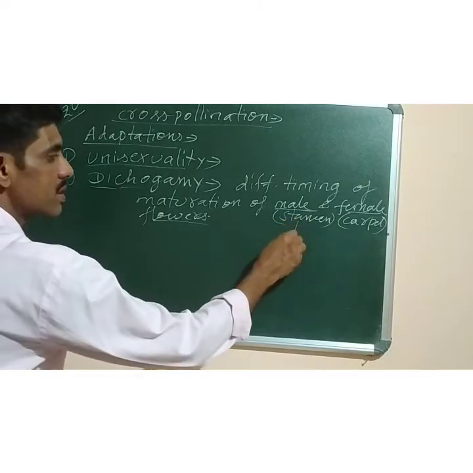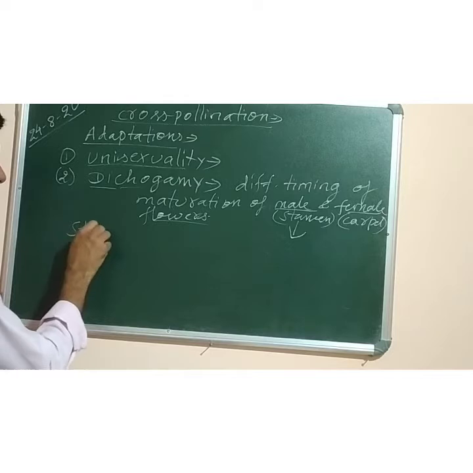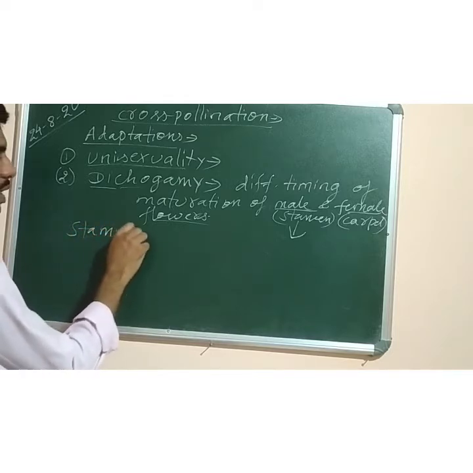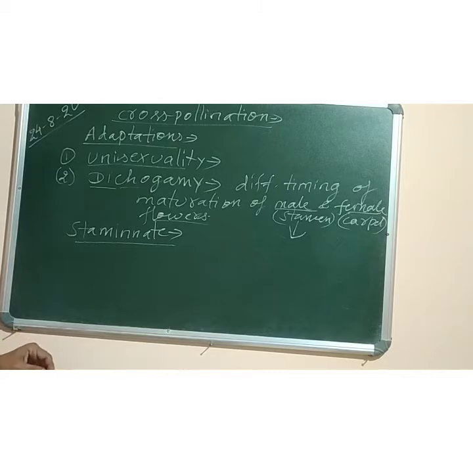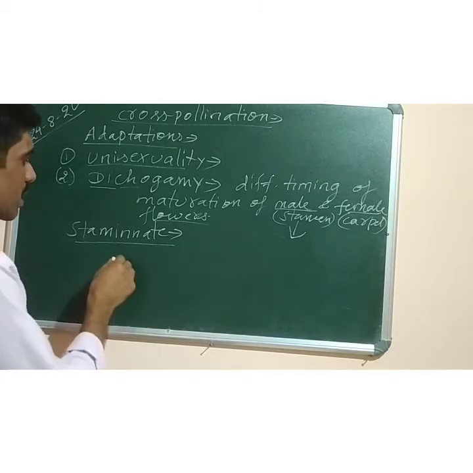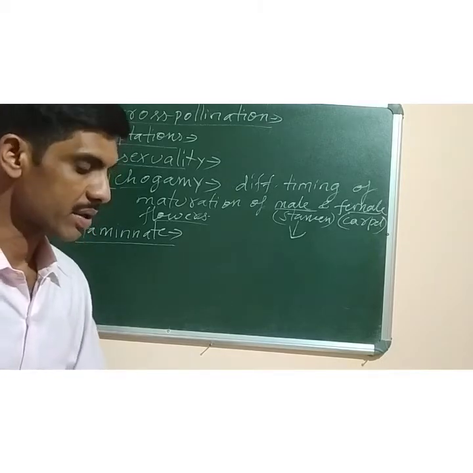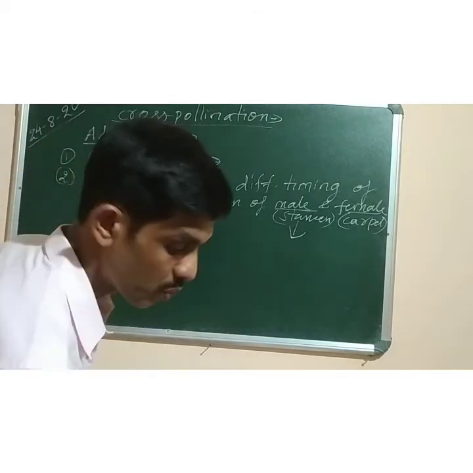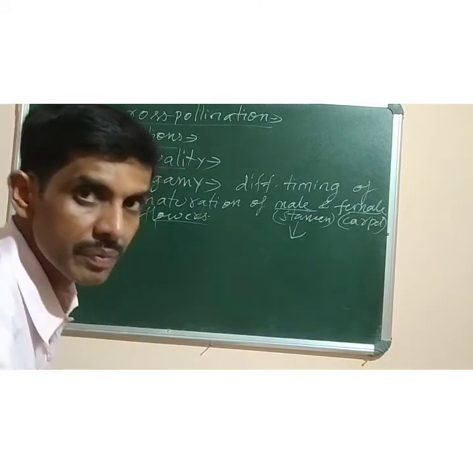Now suppose if in a bisexual flower, the stamen matures before the carpels, such flowers are called staminate flower. So if asked what is staminate flower, I should say that word. Staminate means the male flowers are called staminate.